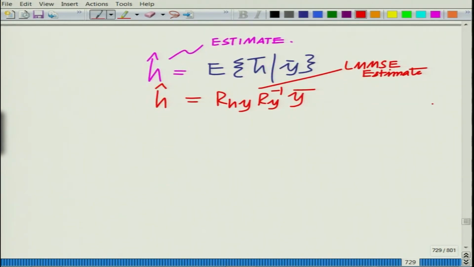And when h bar and y bar are jointly Gaussian, this becomes the LMMSE estimate.